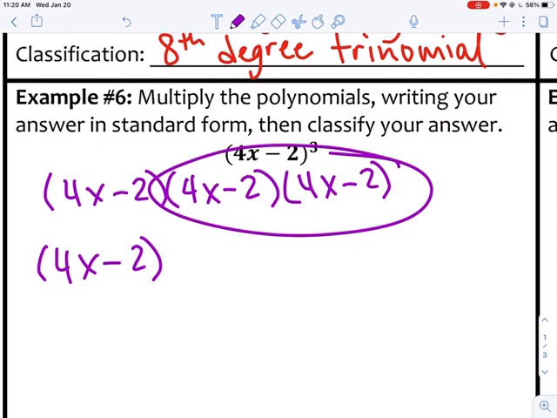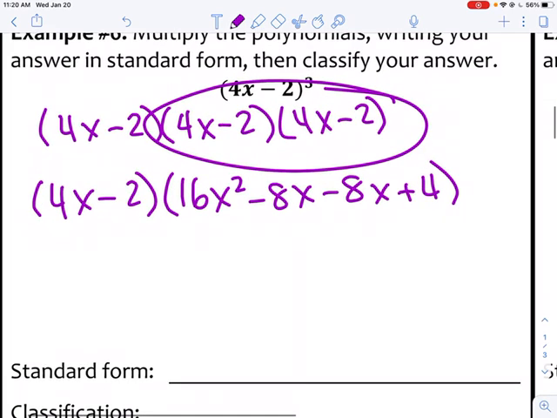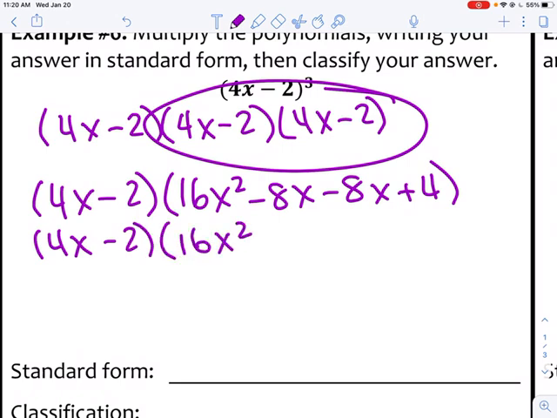So I'm going to multiply this 4x times 4x, 16x squared, then negative 8x, and positive 4. All right, so now we have 4x minus 2 times 16x squared minus 16x plus 4.